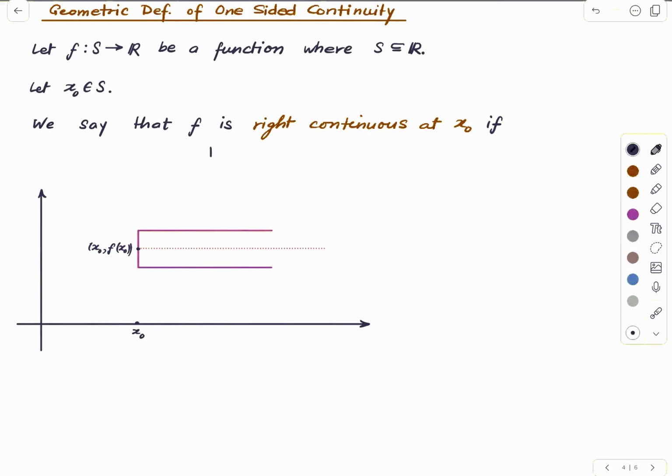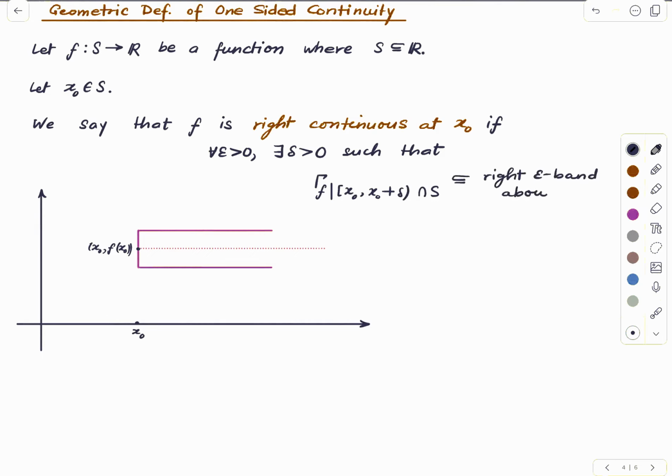If for all epsilon greater than 0, there is some delta greater than 0 such that the graph of the function restricted to this region is contained in the right epsilon band about this point.